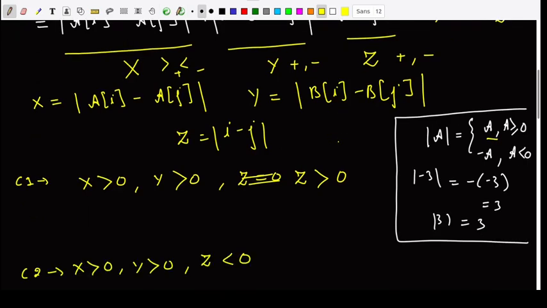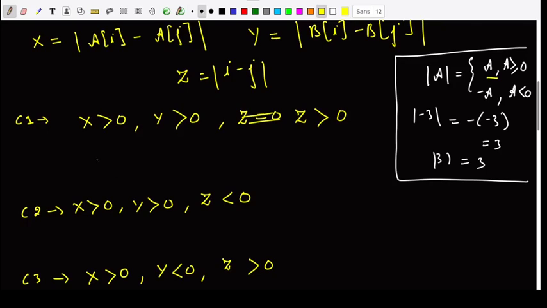Okay, now let us expand x plus y plus z on the basis of the cases we have written. So here it says x is greater than 0, y is greater than 0, z is greater than 0. So this will be equal to x plus y plus z, right?